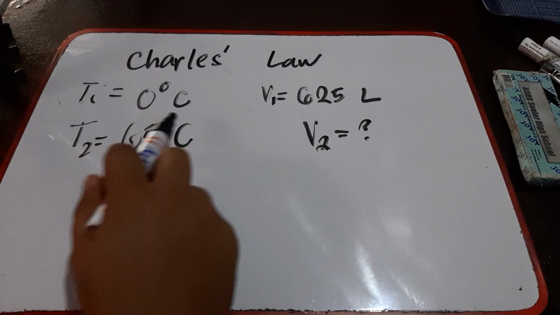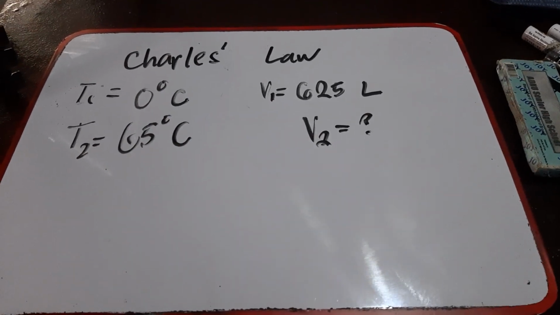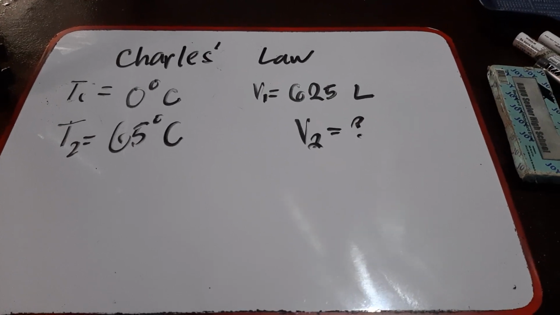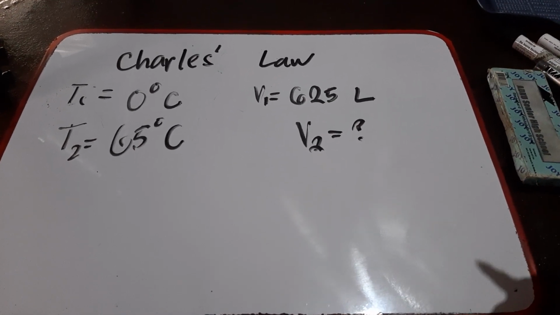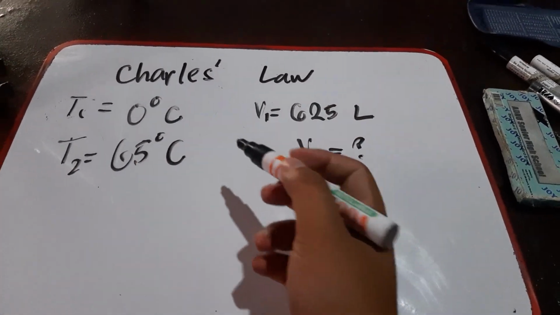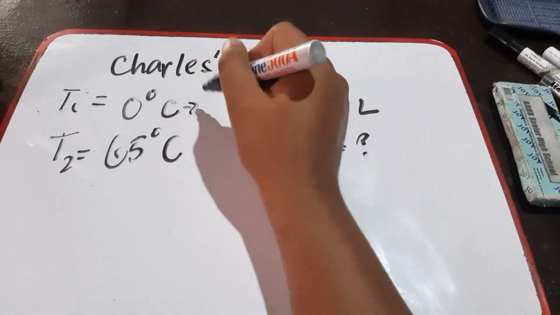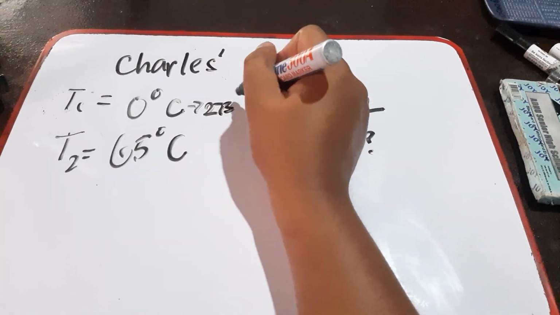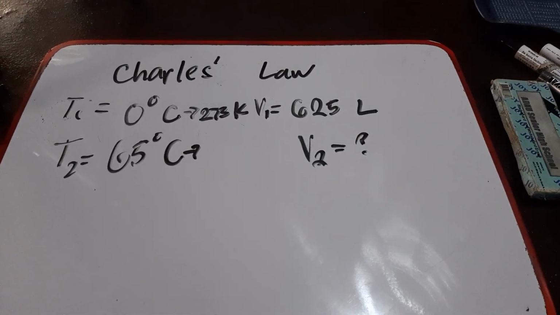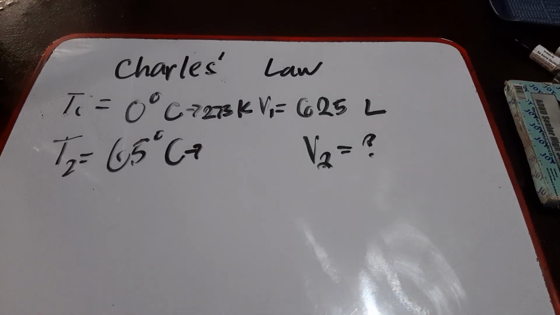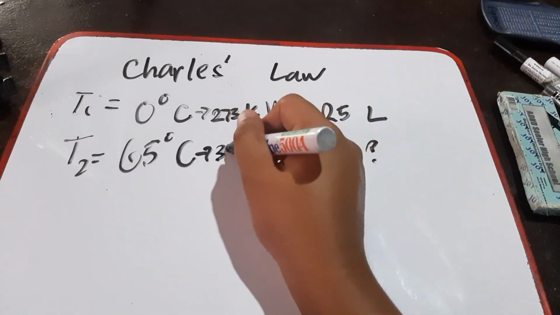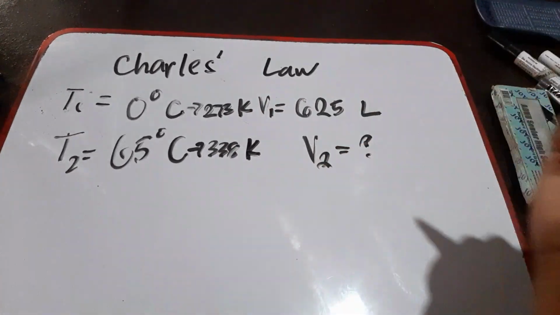First, we have to convert our unit for temperature, because as I've just mentioned, we need to do it in Kelvin. So, the formula would be degrees Celsius plus 273. So, this will become 273 Kelvin. And this one, 65 plus 273, that would be 338 Kelvin.